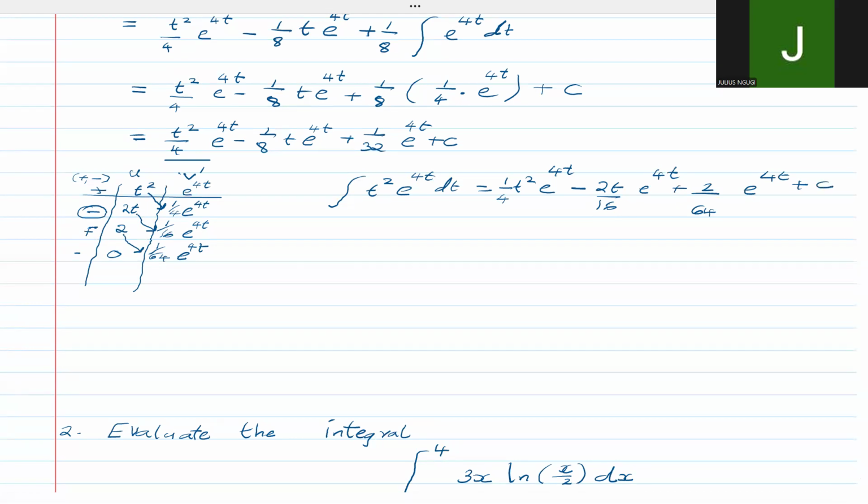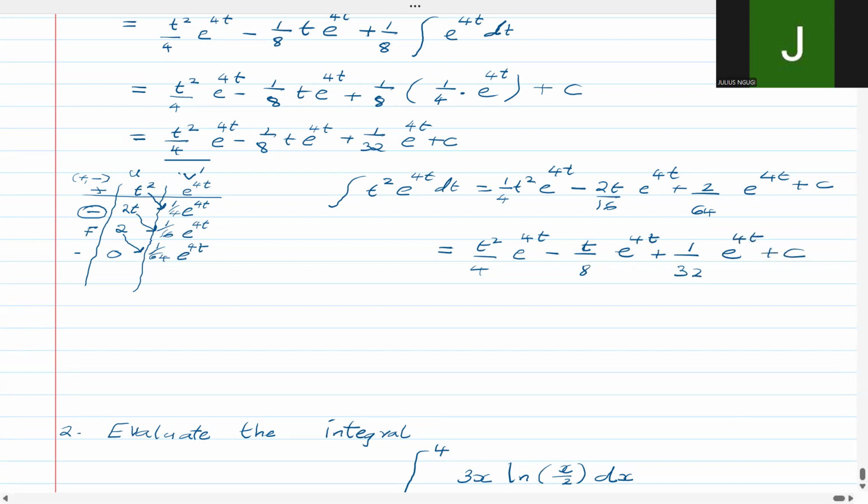Then you simplify. So this one becomes 1 over 4 t squared, or t squared over 4 exponential power 4t minus 2 over 16, that's 1 over 8. So that is t over 8 exponential power 4t plus 2 over 64, that's 1 over 32 exponential power 4t plus a constant c.